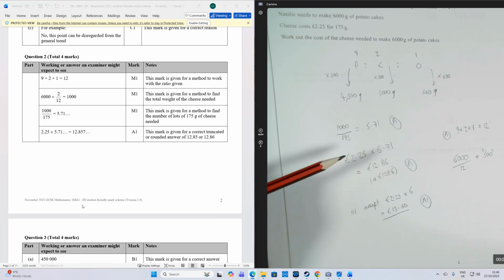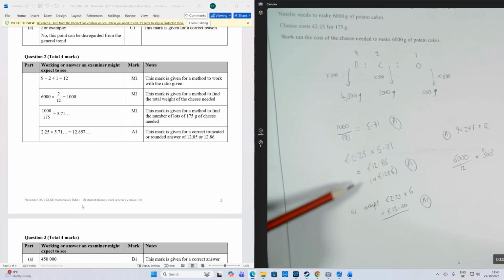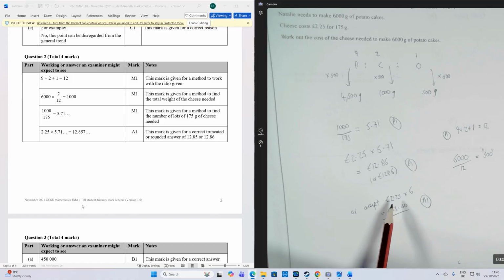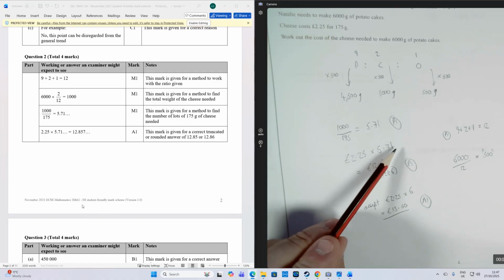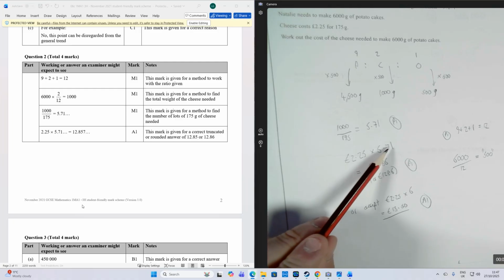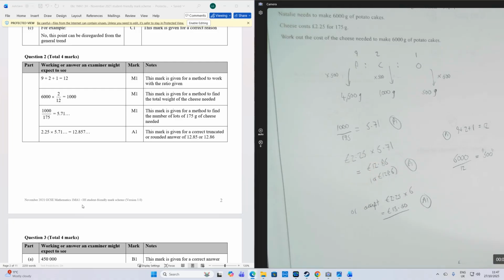But it's interesting to note that I've put the student-friendly mark scheme up here on the left, but the official mark scheme says that they will accept 2.25 times 6, because you might be of the opinion that you can't buy 5.71 of these 175 gram blocks. You might be in a place where you can ask for exactly how much cheese you need.